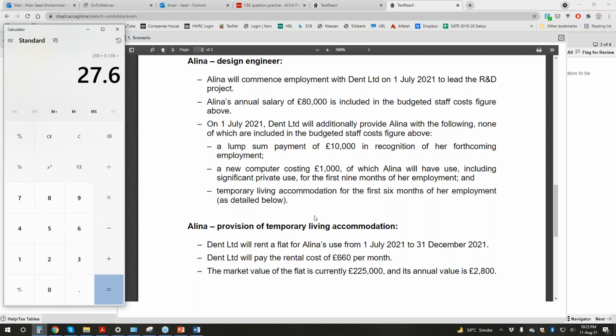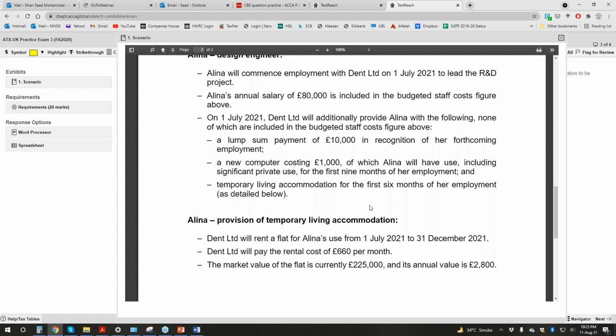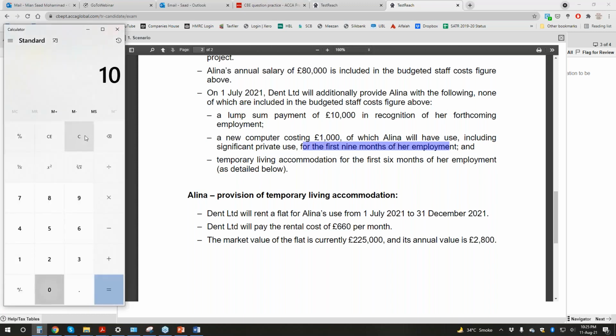Now, moving on. But do remember, guys, one more thing: for the first 9 months of her employment, the benefit needs to be time apportioned as well. So what we're going to do is first take 1,000 and take 20% of that.